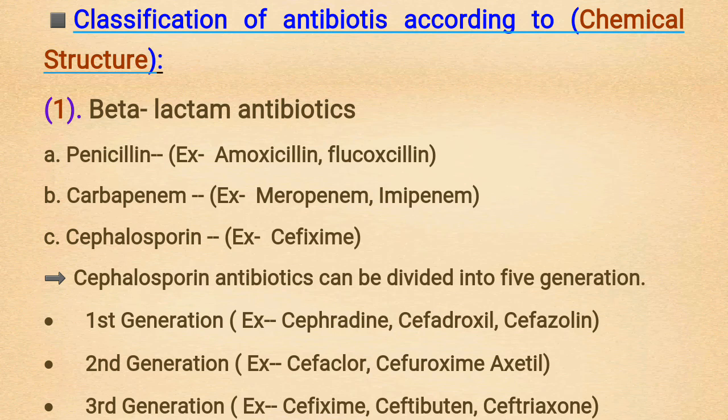Cephalosporin antibiotics can be divided into 5 generations. First generation, example, cefradine, cefadroxil and cefazolin. Second generation, example, cefaclor, cefuroxime, axetil.